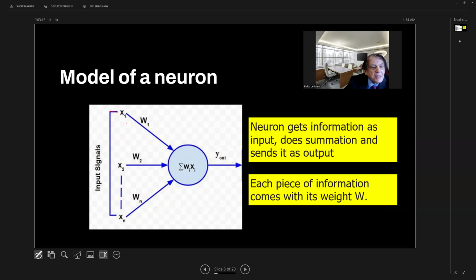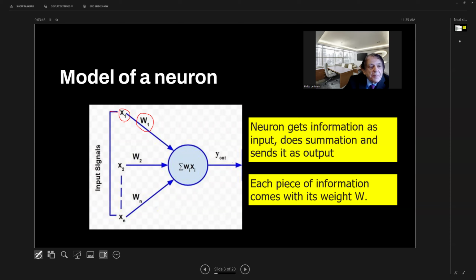What happens here is that this information x1 comes with some weight, and the weight is a vital tuning operator that will help us to achieve high accuracy, and I will explain how it works. So a neuron gets information as input and does some operation, for instance, summation of the information that it got from different neurons.